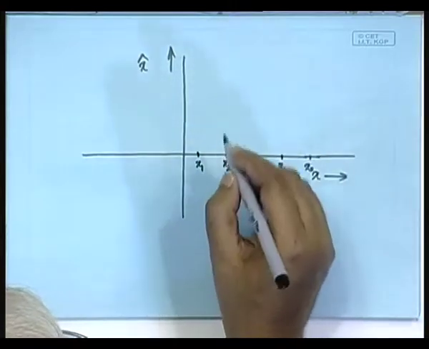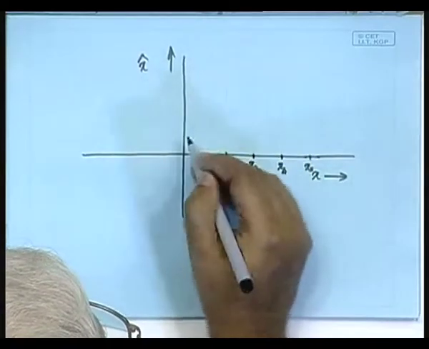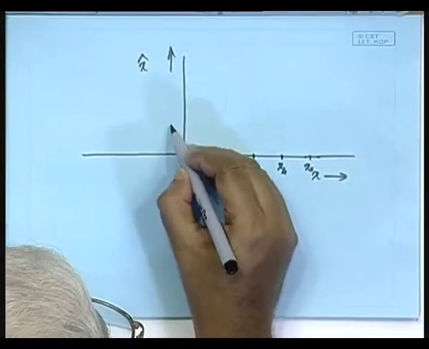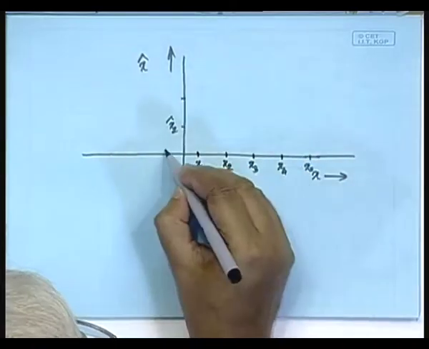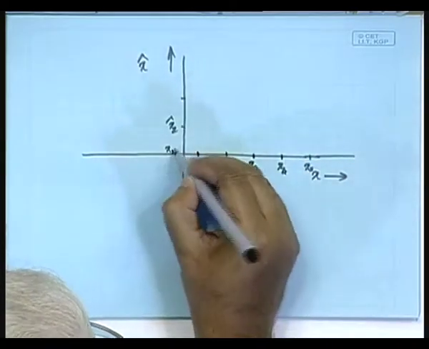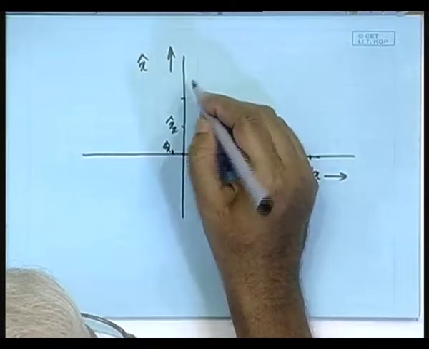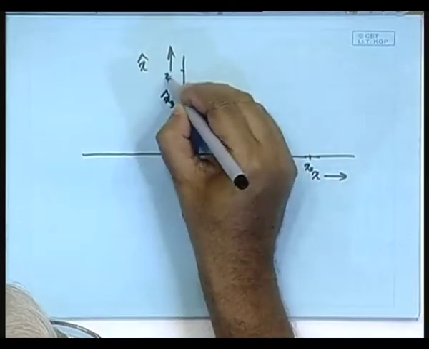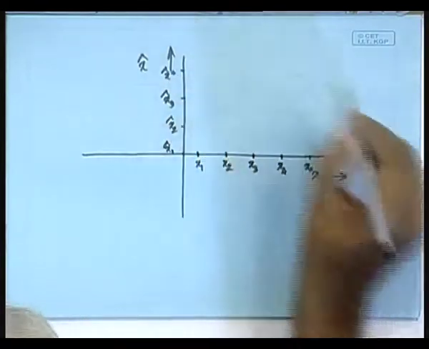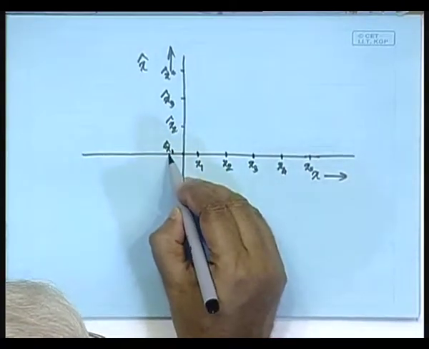So, we may say this could be our x1 cap, and then x2 cap, x3 cap, x4 cap, and so on, as indicated.